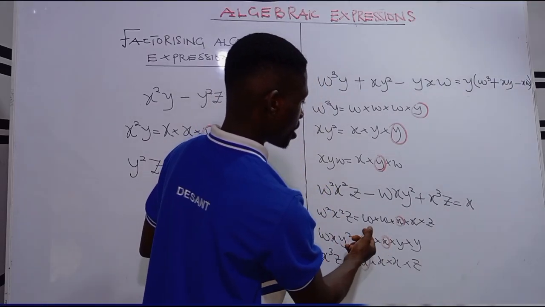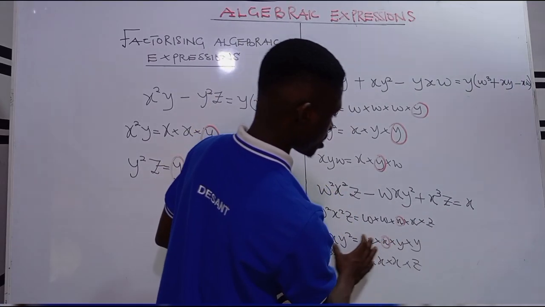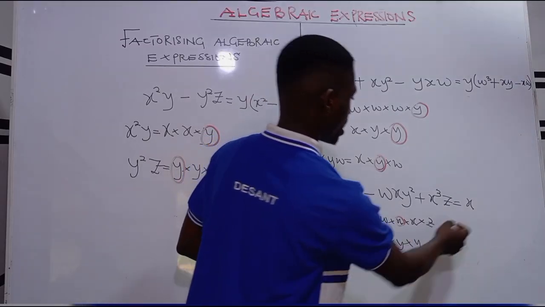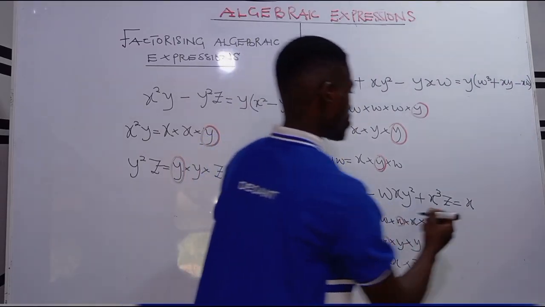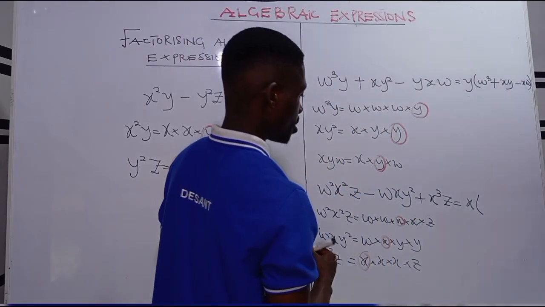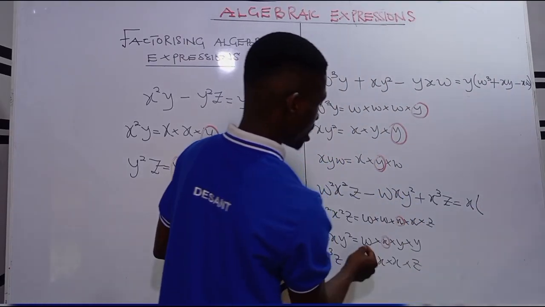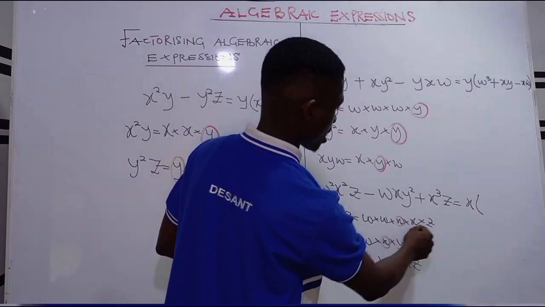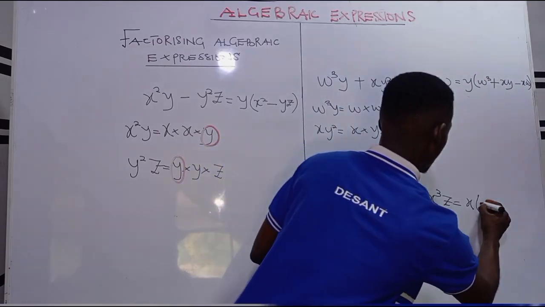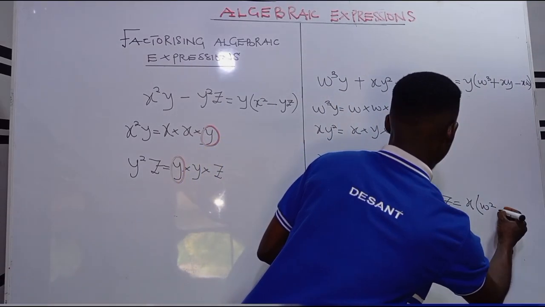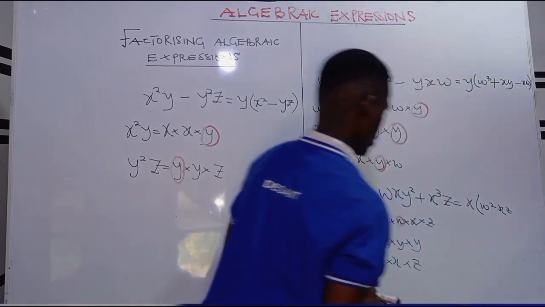Then we write the rest in the bracket. After bringing this x out, we are left with w squared times x times z, so that's going to give us w squared x z, right?